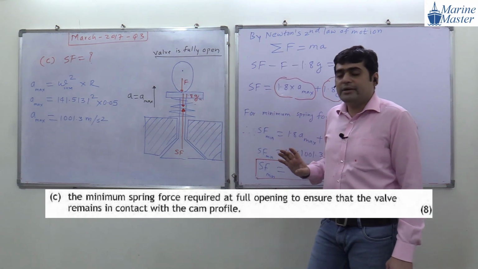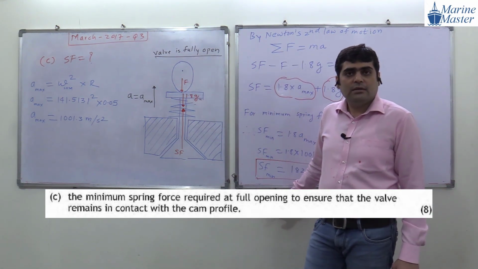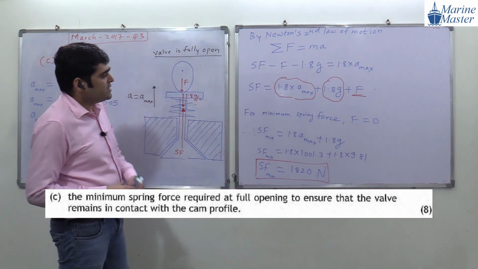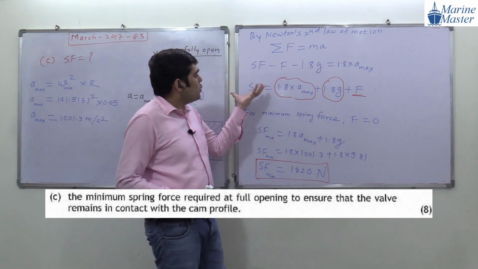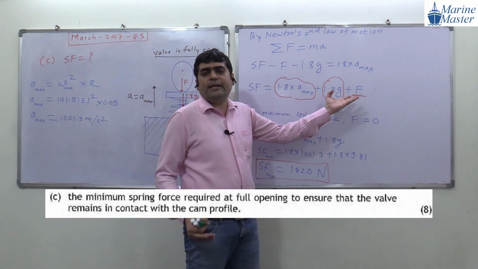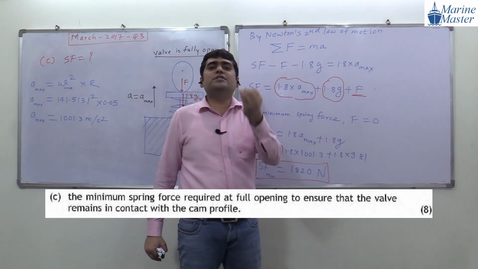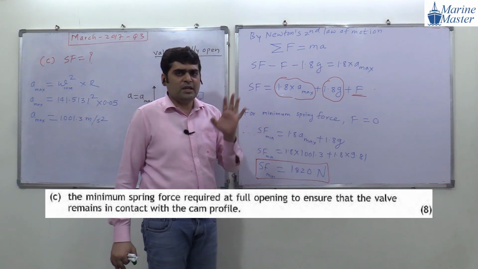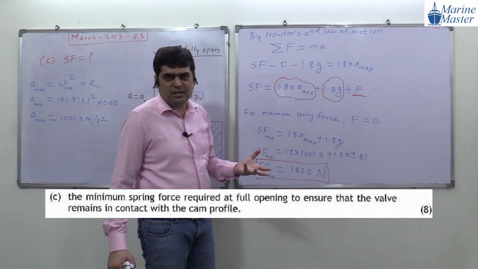Okay, everyone getting my point? Any doubt in this C part? Try to think here mathematically. If you are not getting my point, don't worry, just think here. If you want the lowest value of F, spring force, then which one is variable here? F. If the F value is 0, then and only then this SF will be minimum. Guys, just think, don't think too much if you are not getting my point.